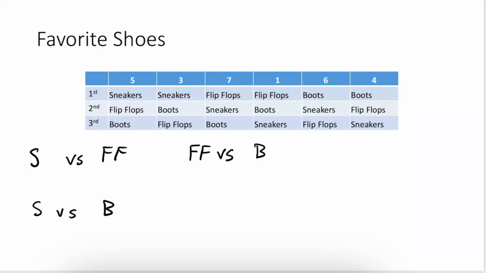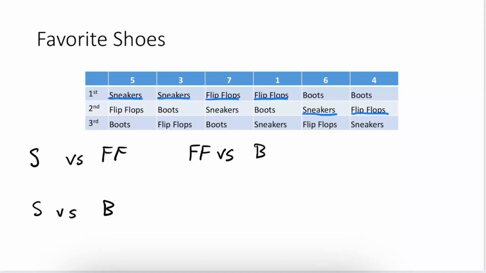Then I'm going to go through and calculate for each pair how many points each type of shoe would have. So if I'm doing sneakers versus flip-flops, sneakers are going to win these 5 points as well as these 3. Flip-flops will get these 7 and this 1 point. Sneakers will win these 6 points and flip-flops will win these 4 points.